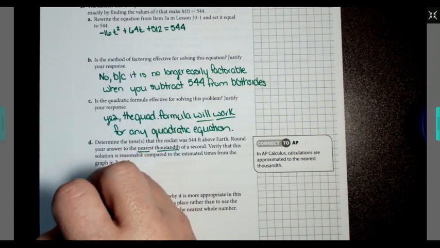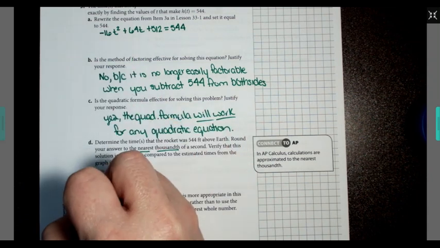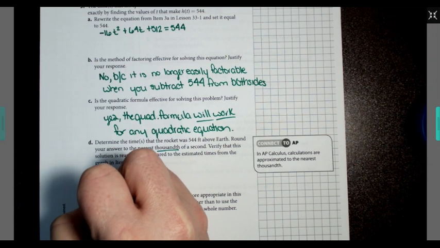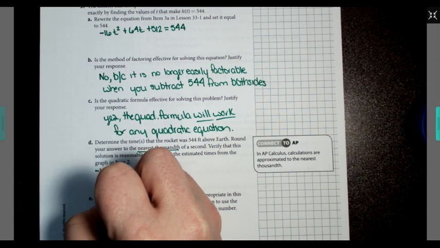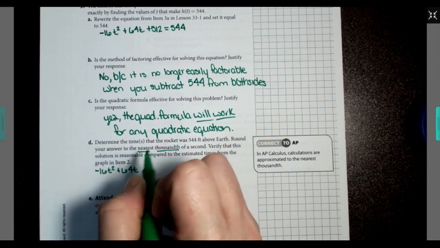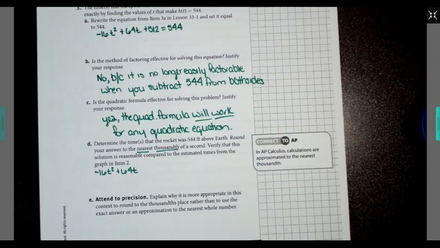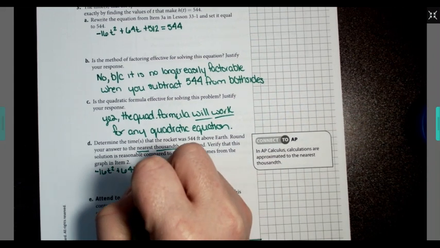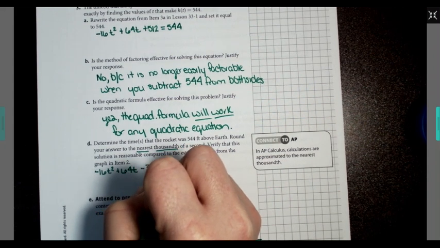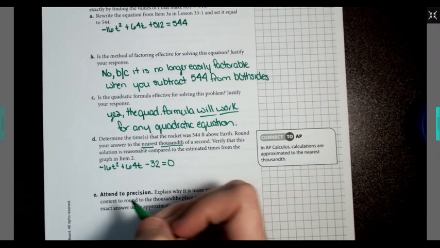So what we're going to do is we're going to say negative 16t squared plus 64t. And I have to subtract the 544 from both sides. So we're going to do 512 minus 544. That gives me negative 32 equal to 0.